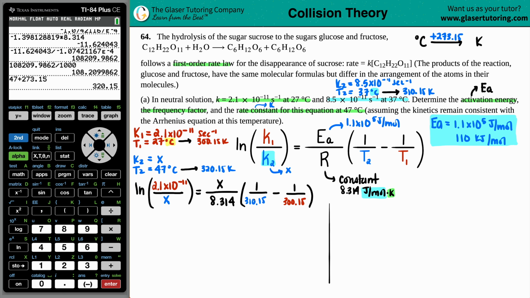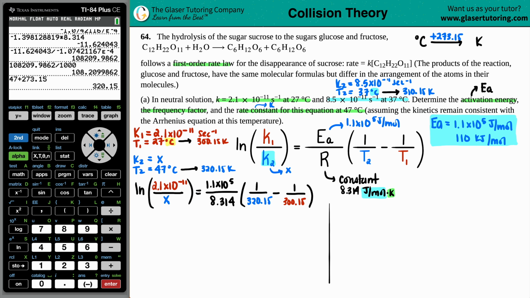And then we're getting rid of this blue value, and we're plugging in 320.15. And now, instead of solving for X over here, we now know that that X value is 1.1 times 10 to the 5th. And just like we did before, where we blocked these three things off, you can do that as well.